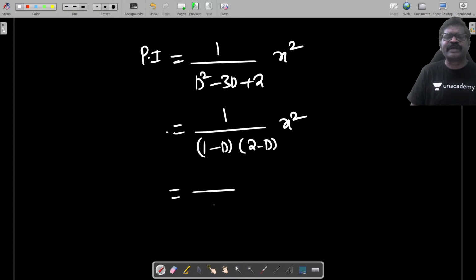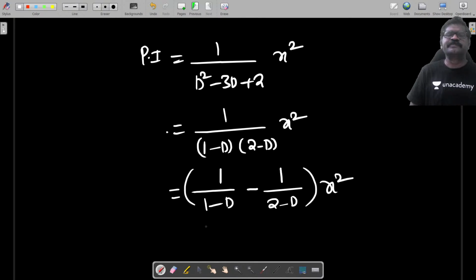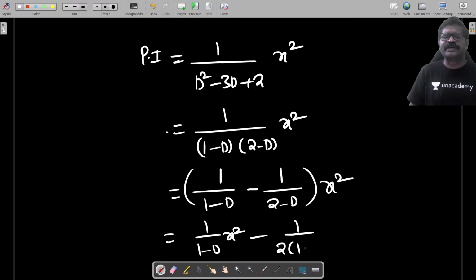By taking partial fractions, 1 by (1 minus D) minus 1 by (2 minus D) of x square. 1 by (1 minus D) of x square minus, by taking 2 common, 1 by (1 minus D by 2) of x square.